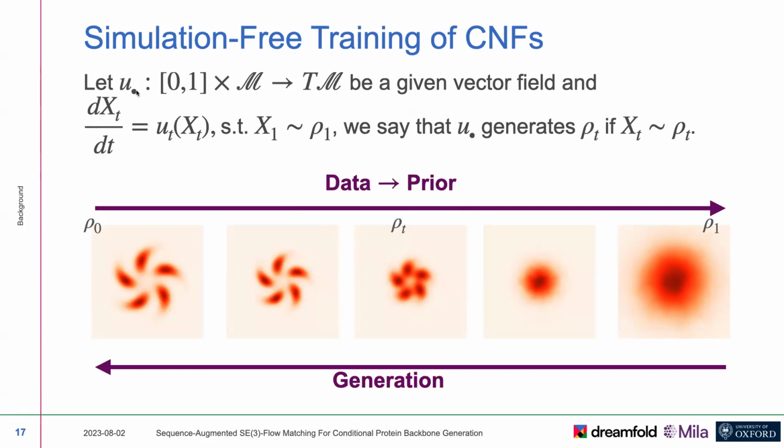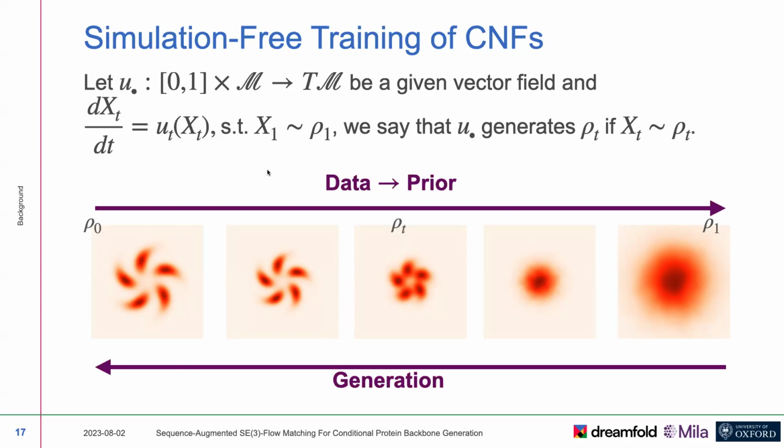So if we have the vector field mu, which takes as input time and our current position on our manifold, and we define a random variable whose evolution is prescribed by this vector field, then if x_t follows rho_t, we say that mu_t generates rho_t.